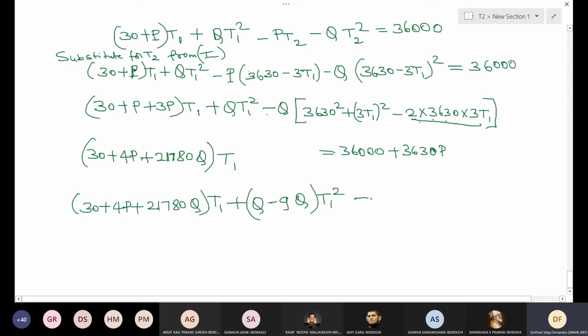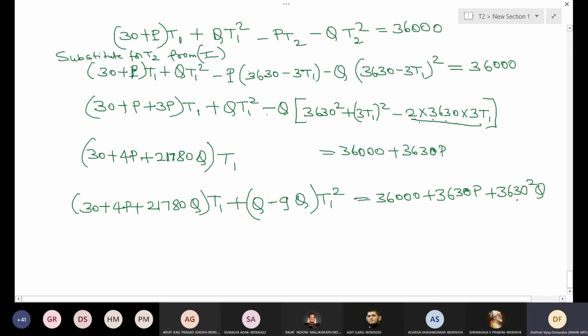And on the right hand side, 36000 plus 3630 P, and what else we'll get from here is 3630 squared Q. Tell me if any mistake has happened now only. Any mistake? No, sir.